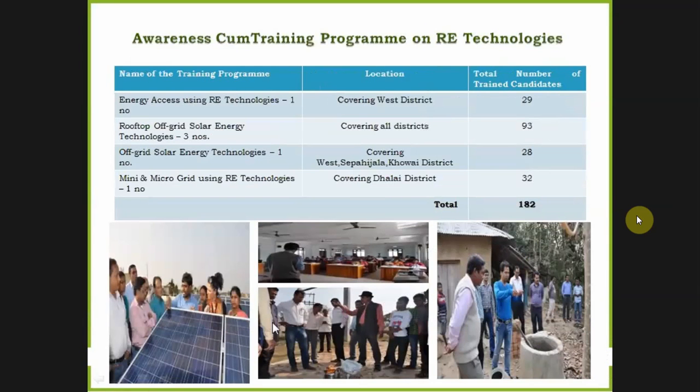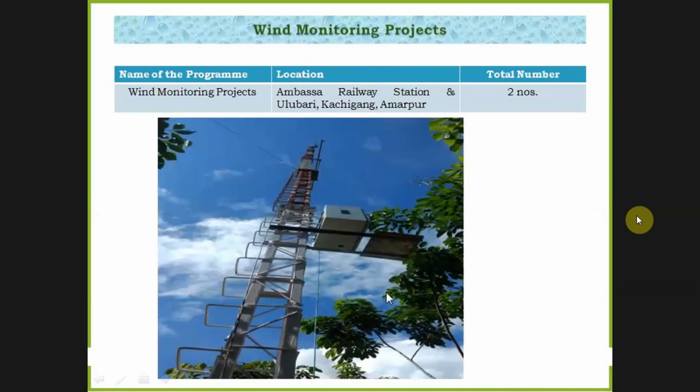And also these are the awareness camps we are doing in various corners of the village area for mass awareness. And this is the wind monitoring system to monitor the velocity of the winds, but in Tripura the wind velocity is very low, so a wind generator is not possible in Tripura.